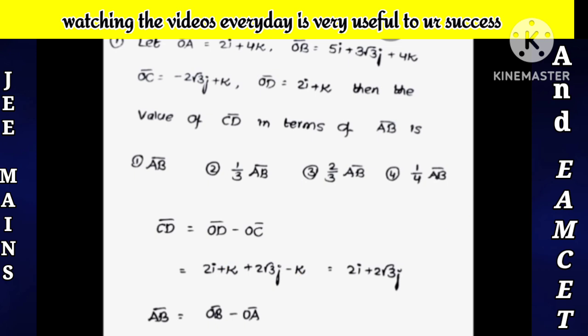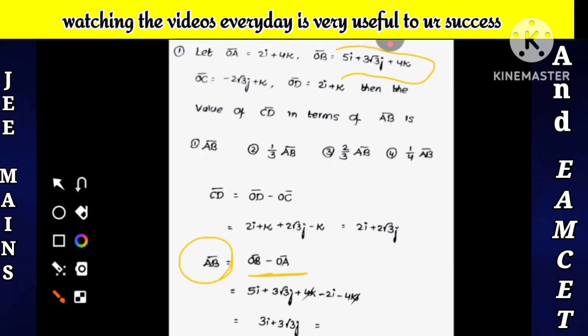Now find the AB bar value. AB bar is equal to OB bar minus OA bar. First replace the OB bar value, minus of OA bar. OA bar value is 2i plus 4k.